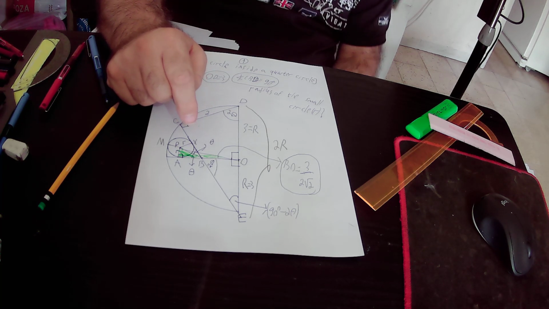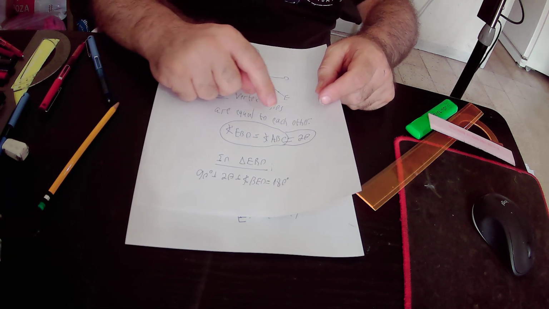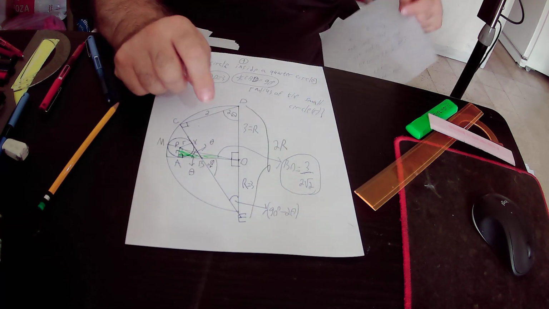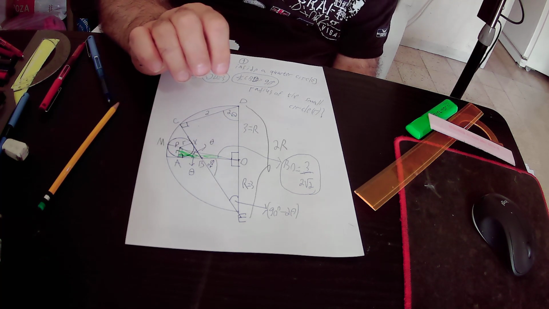So angle ABC equals angle EBO equals 2 theta. So these vertex angles equal 2 theta.